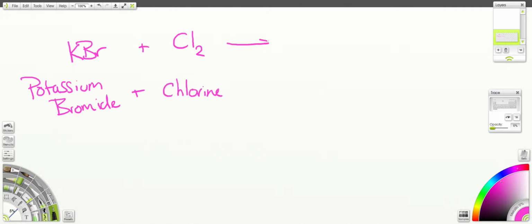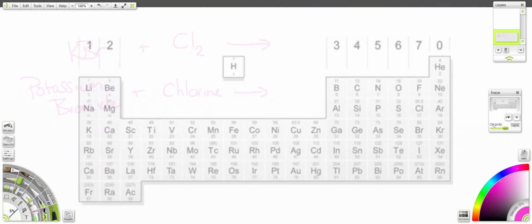The question is, are we going to have a reaction? To do this we need to look back at our periodic table. So remember, potassium bromide is going to react with chlorine. Now chlorine, INE, is a bigger bully.